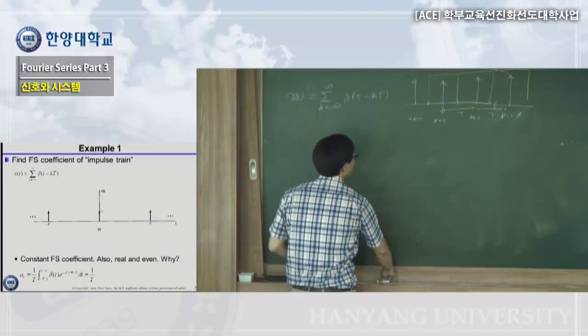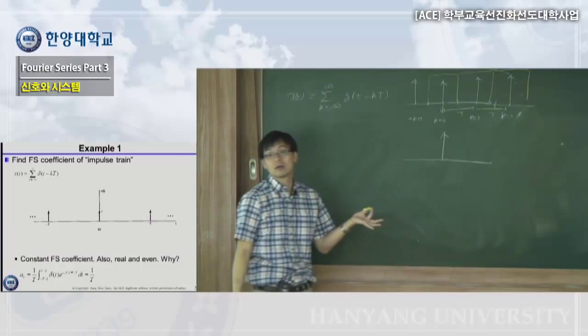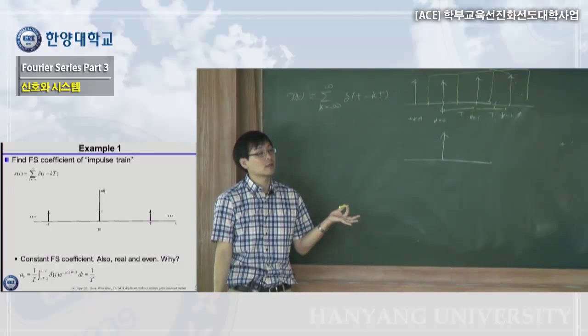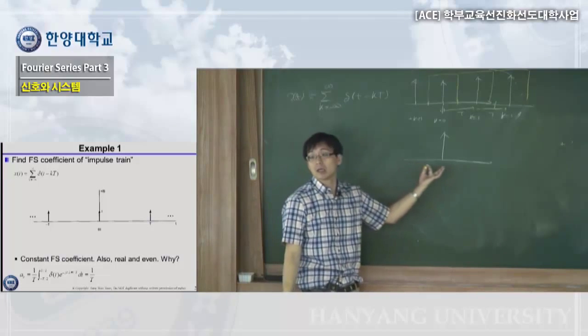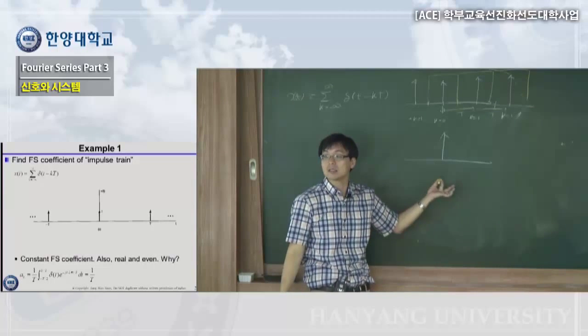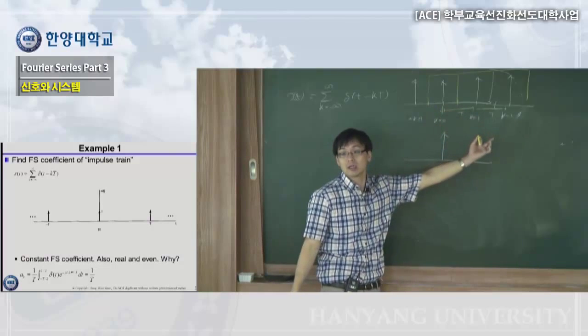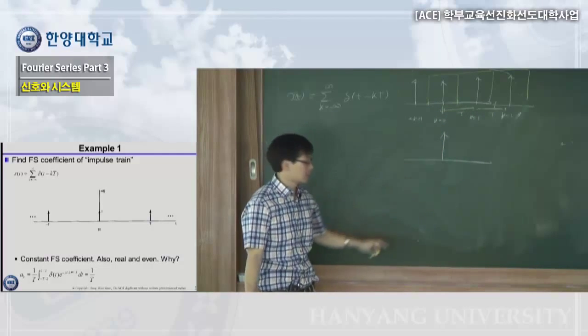If you have only one impulse, is this a periodic signal? No, this is not periodic. It is not repeating, right? We cannot use the Fourier series in this case. But if they keep on repeating with a period of T, then it's possible to use it.